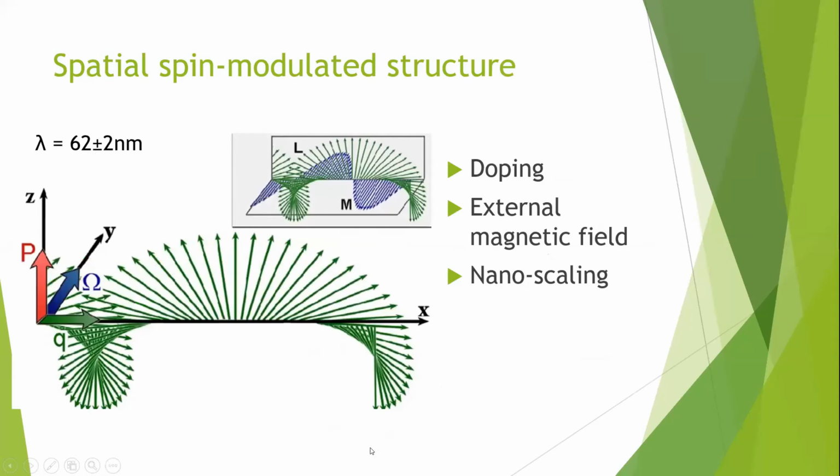A spatial spin modulated structure is a cycloid with a period of 62 plus minus 2 nanometers depending on temperature. This cycloid is located in the plane which is constructed on two vectors, the vector of polarization and the vector of propagation of this cycloid.